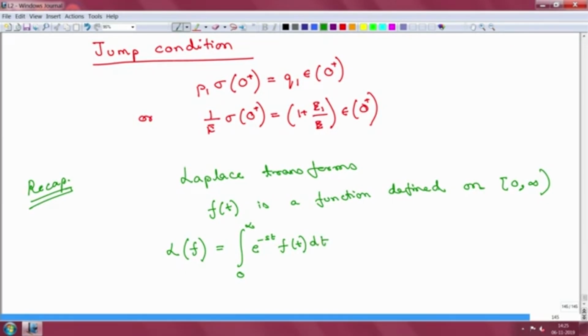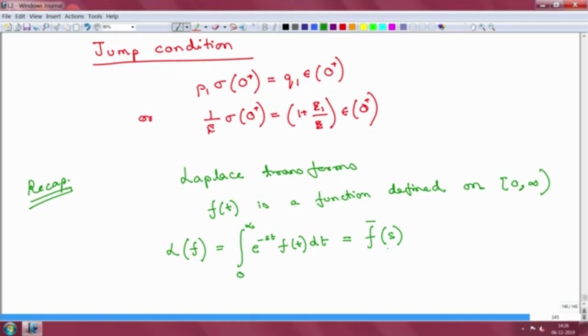For the sake of our solutions, we are not going to adopt this L of f, because this will make things a little bit clumsy, but we will adopt this particular notation. So we will use f bar of s. So f bar denotes the Laplace of f, and instead of it being a function of time, it is now a function of the Laplacian variable s in this case.